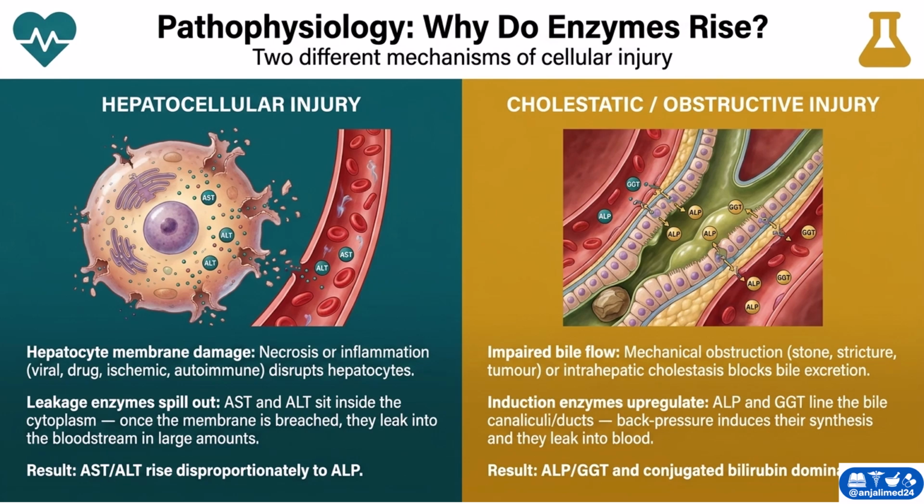So, the dominant laboratory picture is high ALP, high GGT, and elevated direct bilirubin, while AST and ALT are only mildly elevated. This is exactly what we observed in Mr. Patel's case. His enzyme pattern reflects biliary obstruction, not widespread destruction of the liver cells. Understanding these mechanisms makes liver function tests logical instead of something you simply memorize.